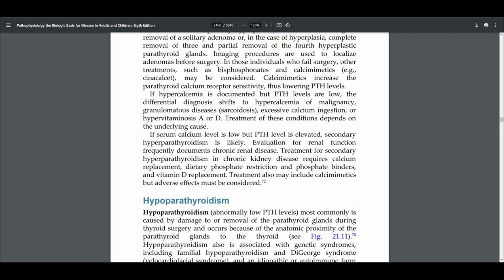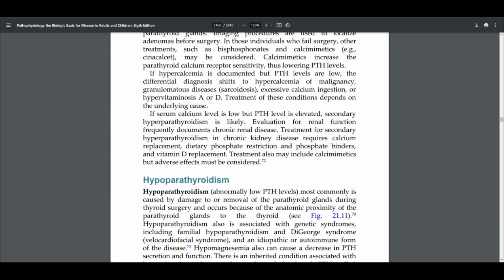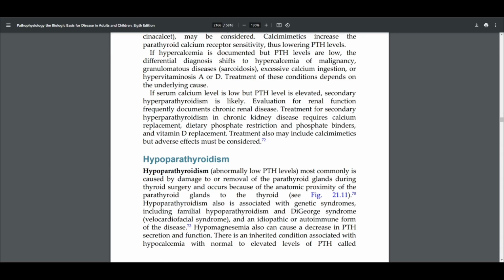If hypercalcemia is documented, but PTH levels are low, the differential diagnosis shifts to hypercalcemia of malignancy, granulomatous disease, sarcoidosis, excessive calcium ingestion, or hypervitaminosis A or D. Treatment of these conditions depends on the underlying cause. If the serum calcium level is low, but PTH level is elevated, secondary hyperparathyroidism is likely.